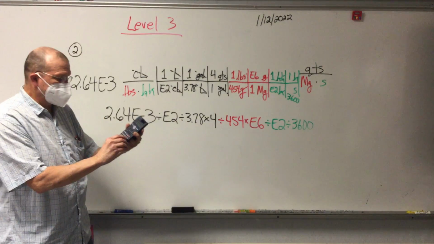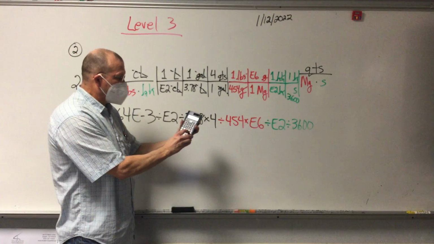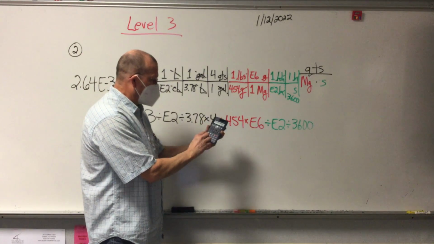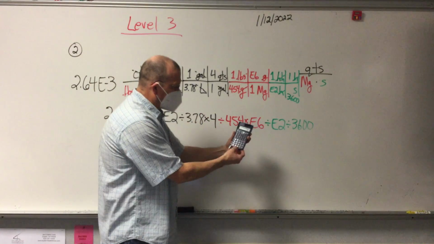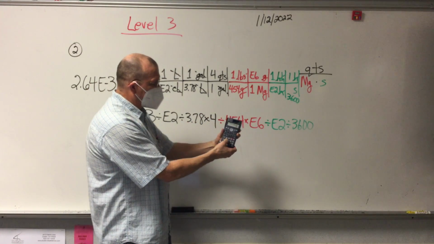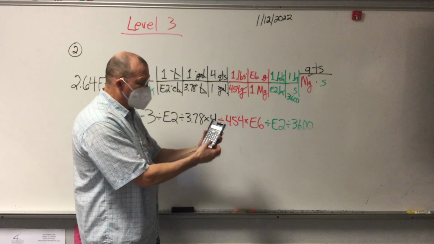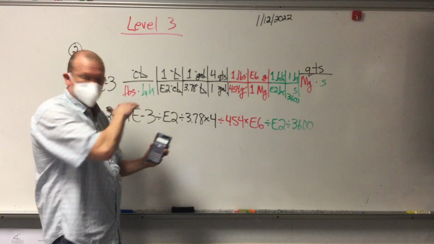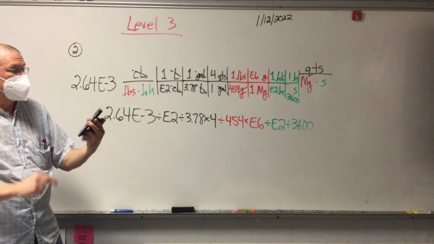Then the next thing is divide by 3.78. Then we multiply by 4. Then we divide by 454. Multiply by that EXP 6. Divide by EXP 2. And then divide by 3,600. So it's kind of long. And then hit equal.